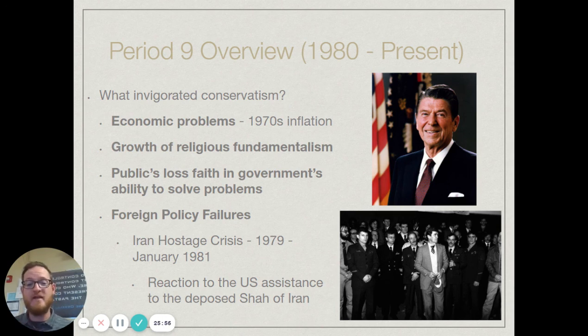Also, under Jimmy Carter, you're going to see a lot of foreign policy failures, or what people perceived as foreign policy failures. For one, the big issue that Jimmy Carter just could not figure out was the Iran hostage crisis. Again, in Iran, the government that we supported had been overthrown. You have American hostages there from 1979 to basically when Reagan gets elected.